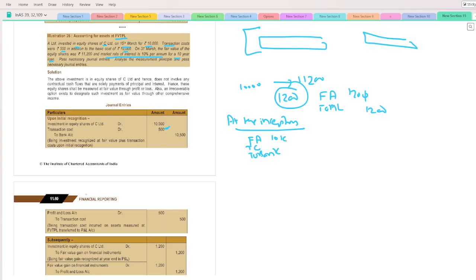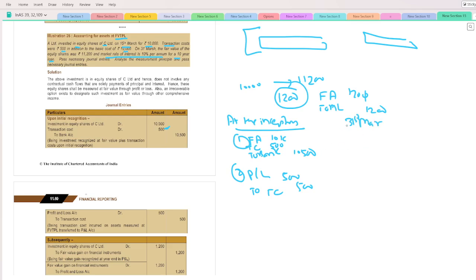So 10K, then 500, then it is your 10,500. Okay, and then the transaction cost you'll be transferring it to the P&L, 500, transferring it to the P&L.